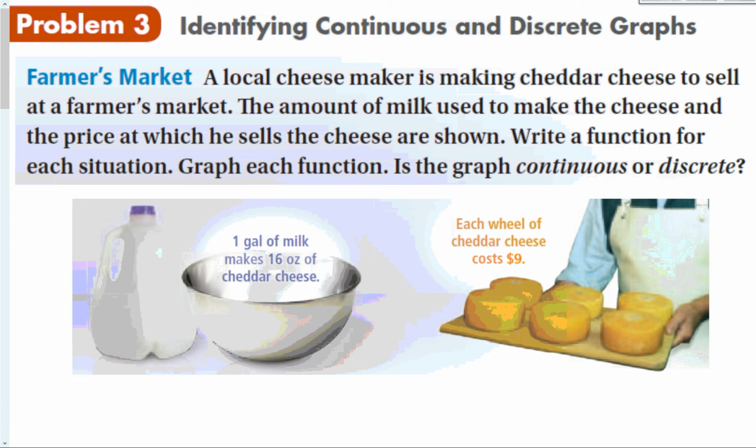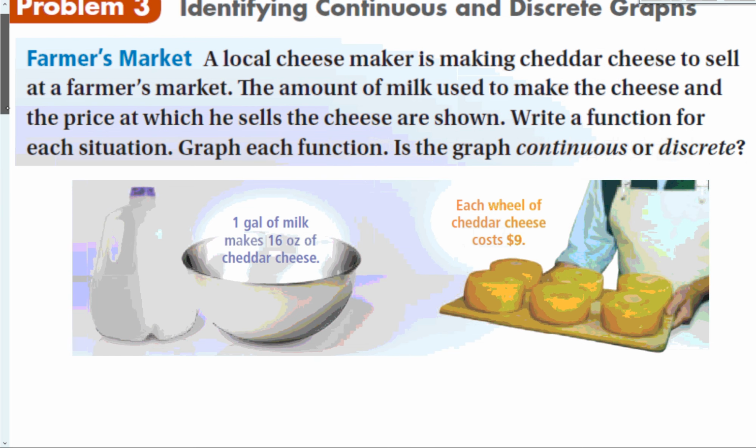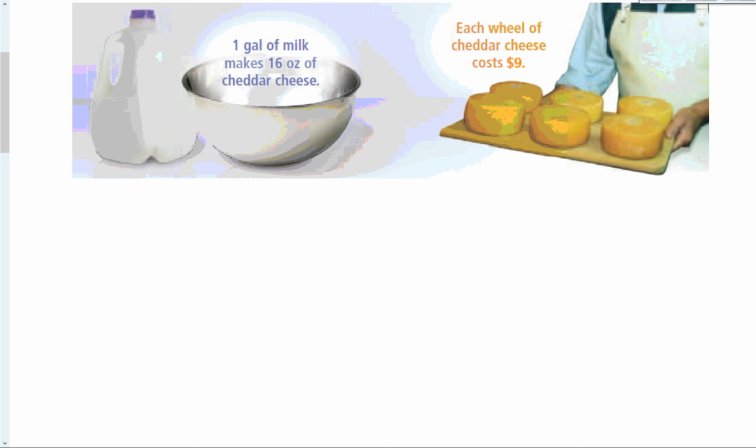So write a function for each situation, graph each function, and is the graph continuous or discrete? Okay? So let's make a function. First, making the cheese. 1 gallon of milk makes 16 ounces of cheddar cheese.